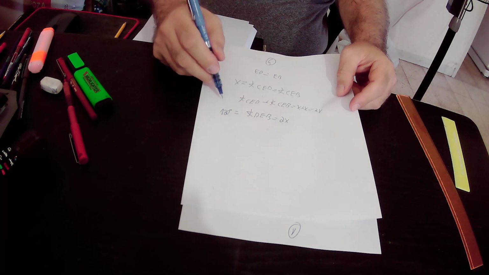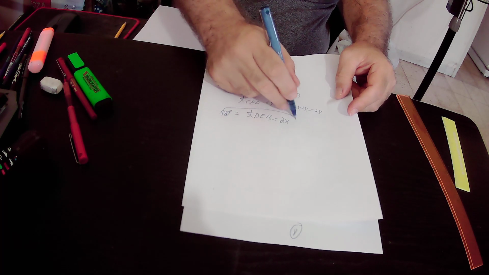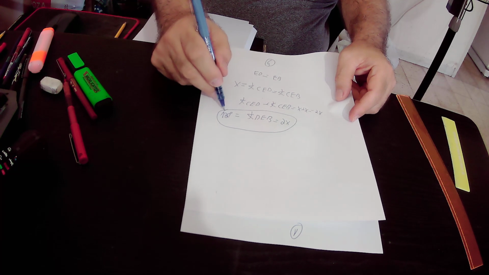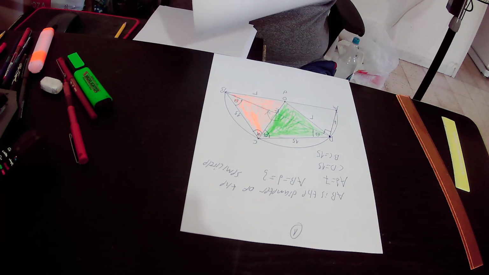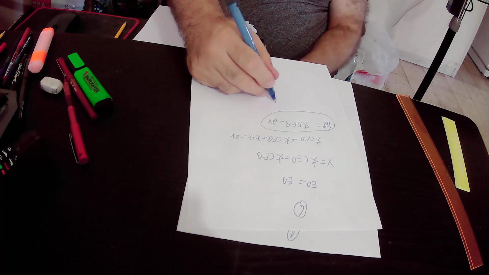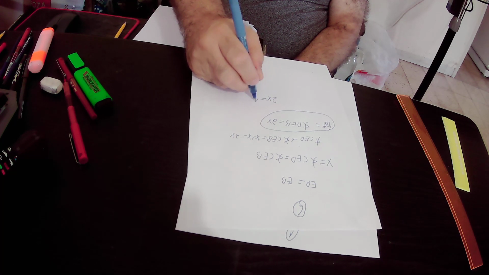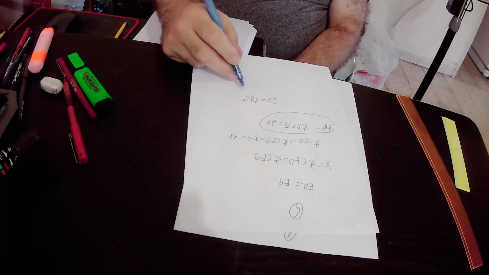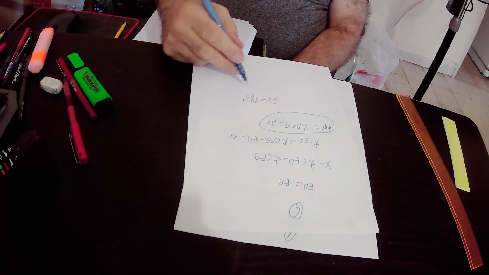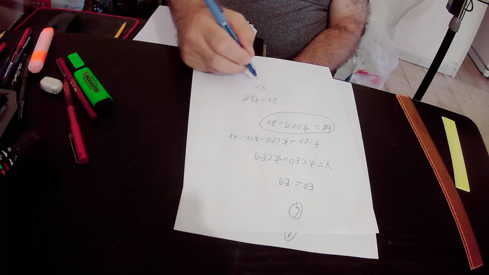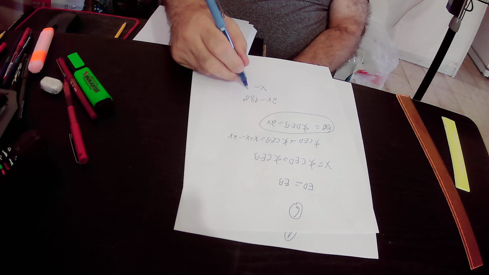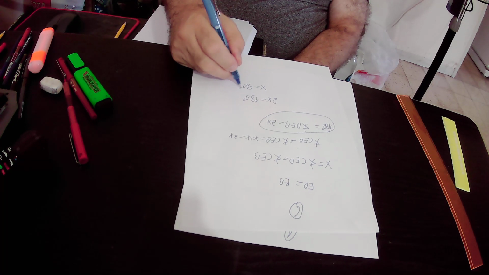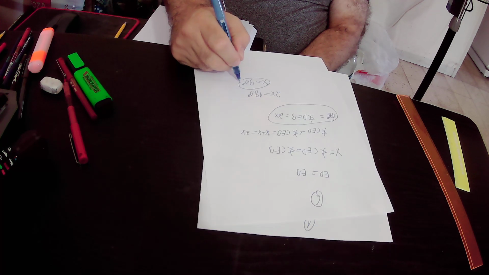From this equality we can deduce that 2x equals 180 degrees. If we divide this equality by 2, we get that x equals 180 degrees over 2, which is 90 degrees. X equals 90 degrees.